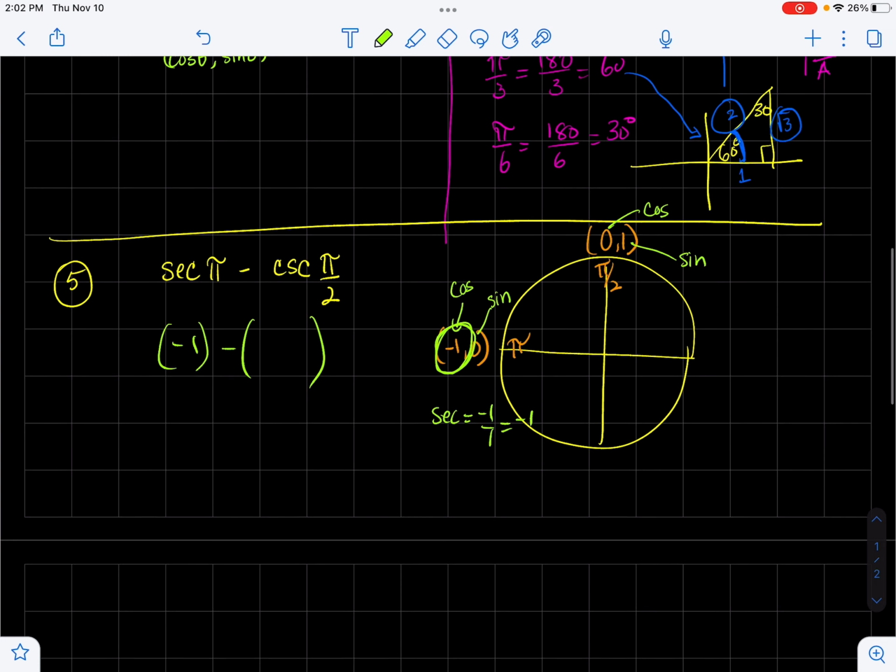Now cosecant is the reciprocal of sine. So we can find the sine value there, which is 1, and reciprocal of 1 is also 1. This turns out to be -1 minus 1, which boils down to -2. So secant of pi minus cosecant of pi over 2 is simply -2.